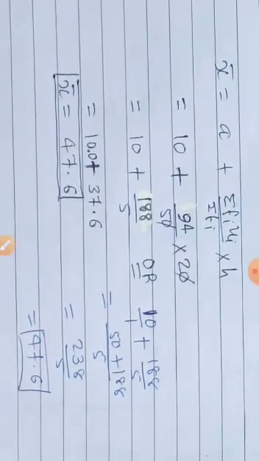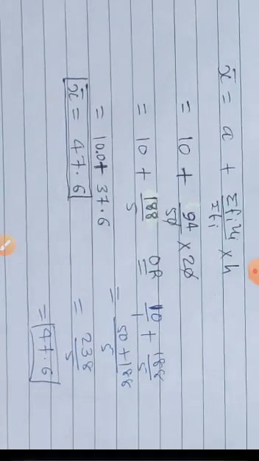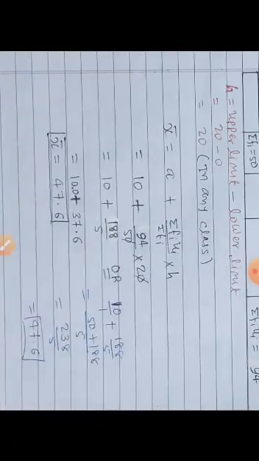So 5 tens are 50, 188 into 1, so 50 plus 188 is 238 divided by 5, then it is converted into decimal at the last step, so the answer becomes 47.6. I think the first one is advisable and quite one step shorter. So you do it the first way only. Again, if you want to solve by cross multiplication, then also you can solve it.